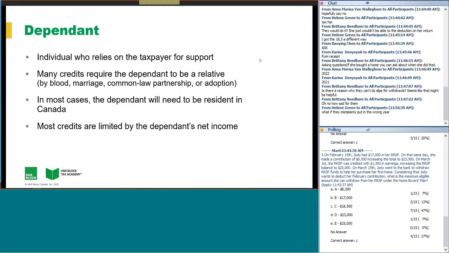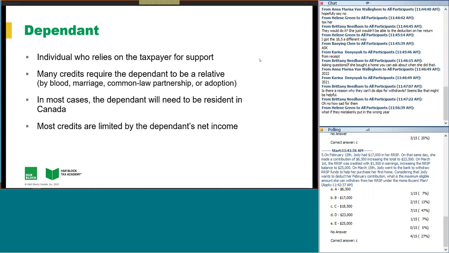And who the individual is might change depending on the credits. So most of the credits require the dependent to be a relative, either by blood, marriage, common law partnership, or adoption. With a little asterisk when we get to child, it gets a little interesting. Okay, but not all of the credits require them to be a relative, and some of them allow some relatives and don't allow other relatives, so every credit will have its own rules.